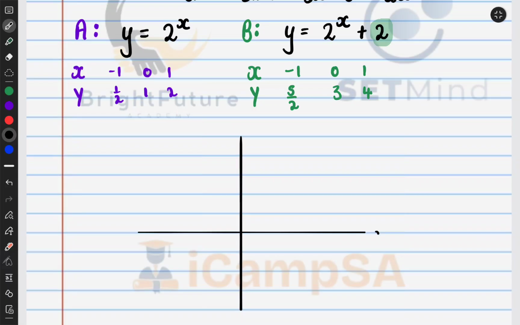Here are your x-axis and y-axis, with marks 1, 2, 3, 4 and -1, -2, -3.